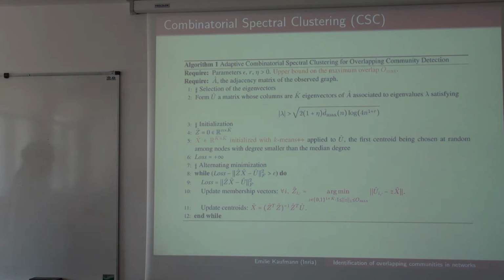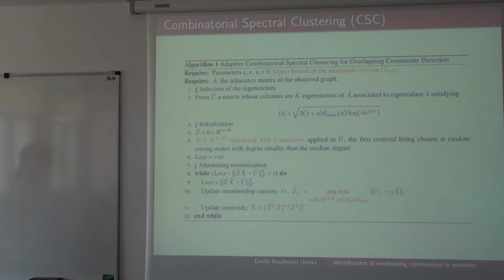And so we alternate between these two steps. I explained already the minimization in Z when X is fixed. So for each node, we are just going to choose this Z. This can be computationally intensive because it could be over 2 to the k possibilities.